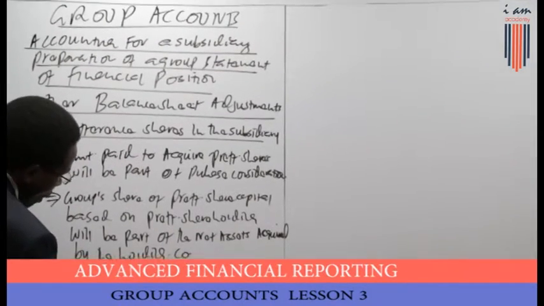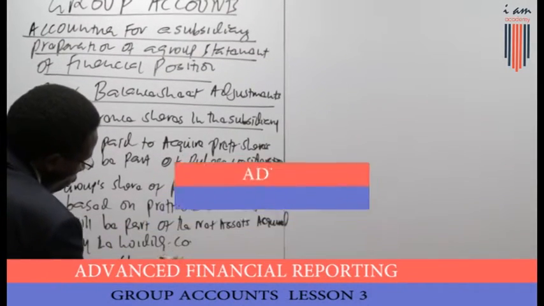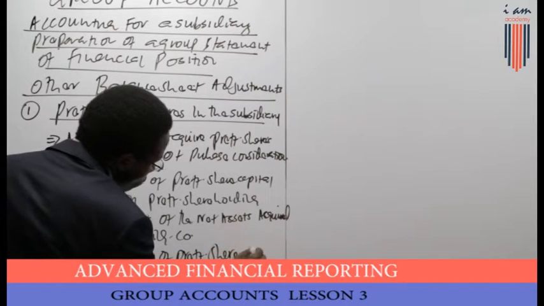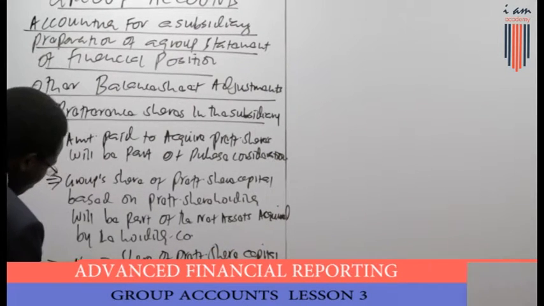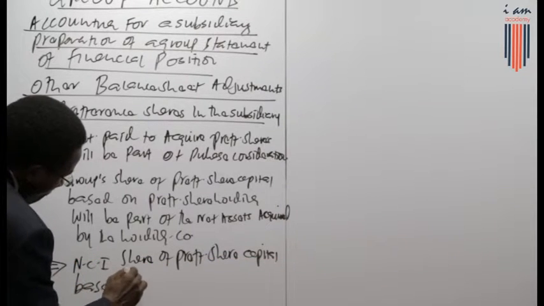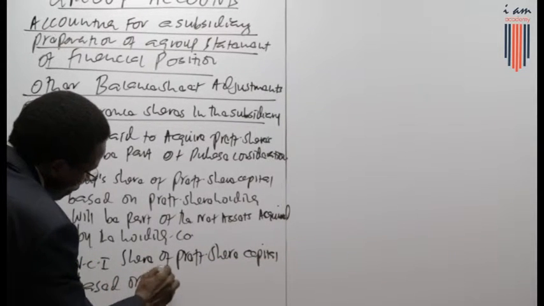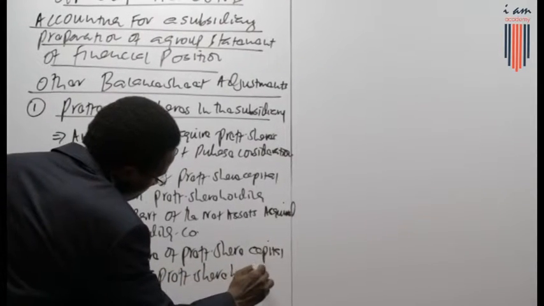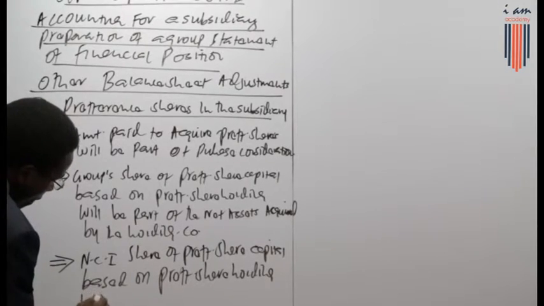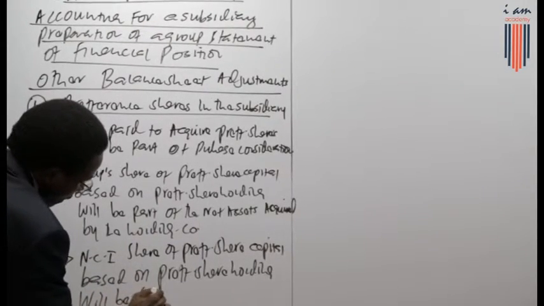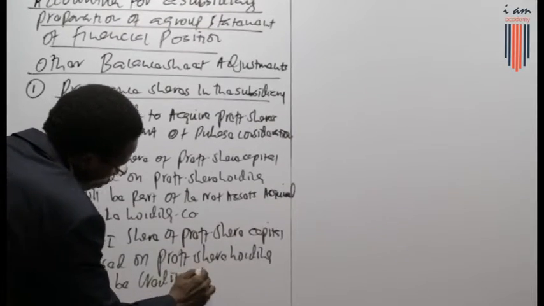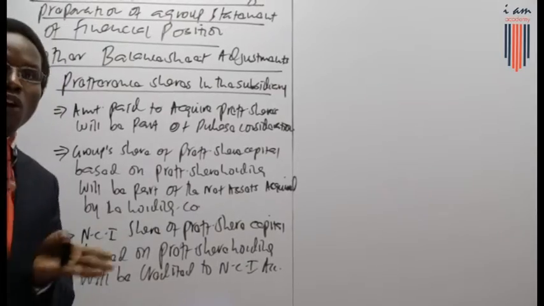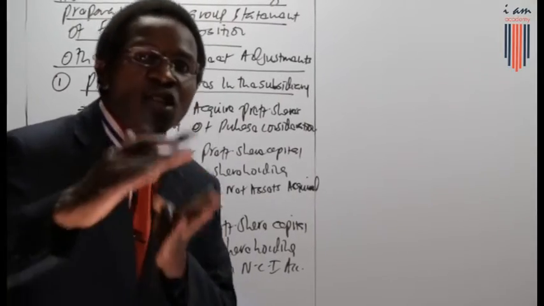The non-controlling interest share of preference share capital, don't forget, based on preference shareholding, will be credited to the non-controlling interest account. Alternatively, it should be recognized as part of the net assets due to NCI.